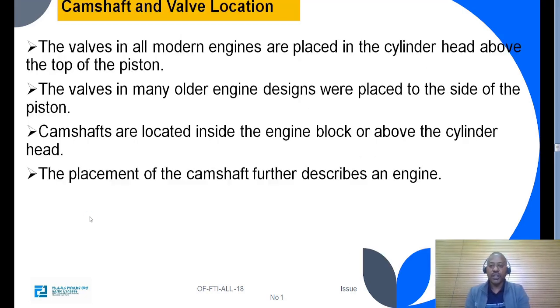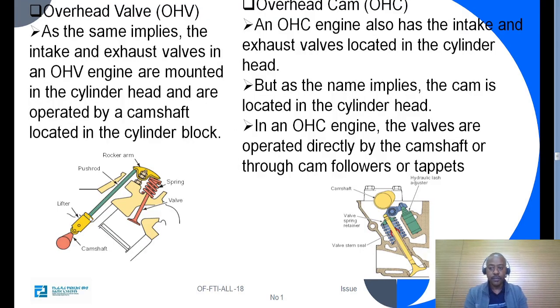Camshaft and valve location. The valves in a modern engine are placed in the cylinder head above the top of the piston. The valves in many older engine designs were placed to the side of the piston. Camshafts are located inside the engine block or above the cylinder head. The placement of the camshaft further describes an engine.